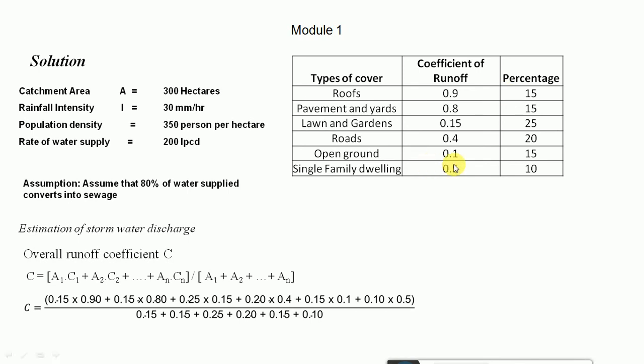The whole is divided by 0.15 plus 0.15 plus 0.25 plus 0.20 plus 0.15 plus 0.10.